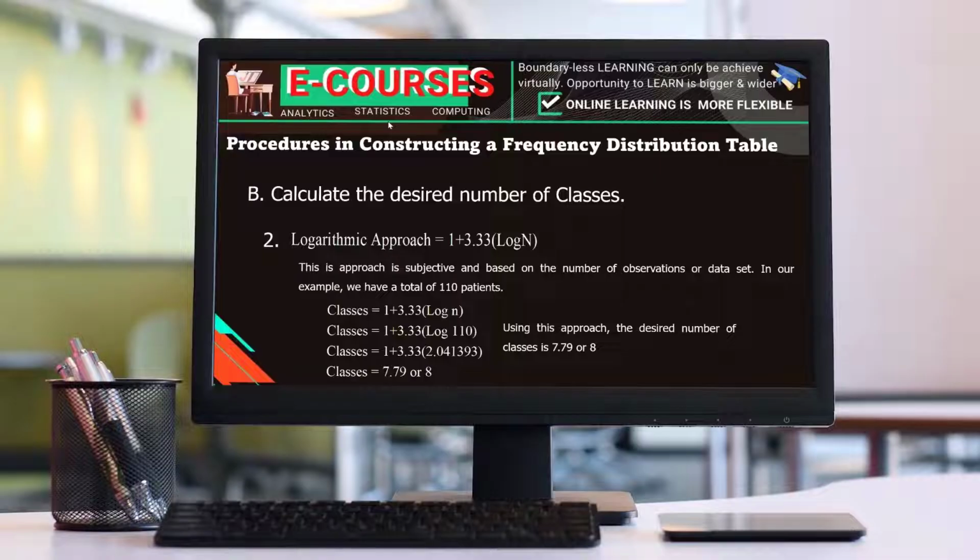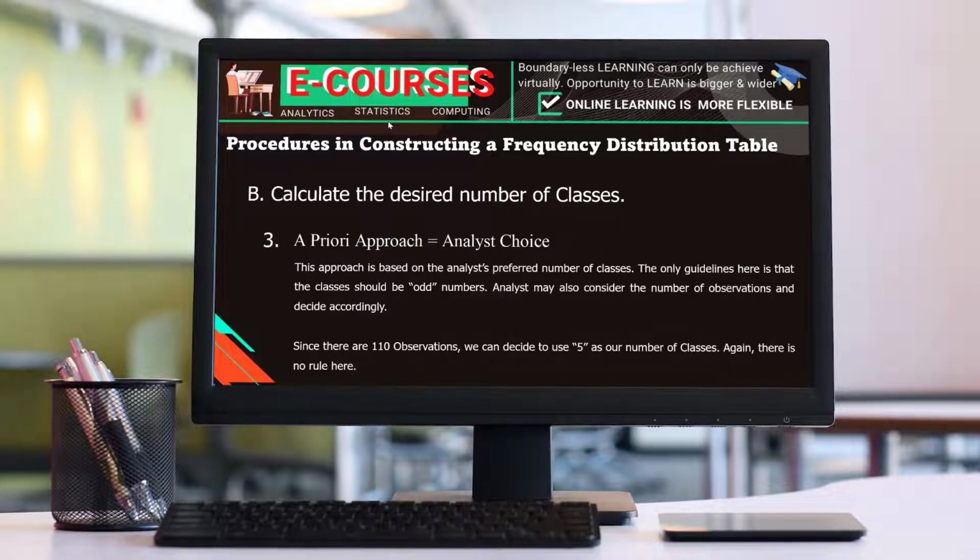Applying the formula, 1 plus 3.33 times the logarithm of 110, the result would be 7.79 using 2 decimal places. If we use a whole number, we can choose 8. So the logarithmic approach suggests that the desired number of classes is 7.79 or 8.